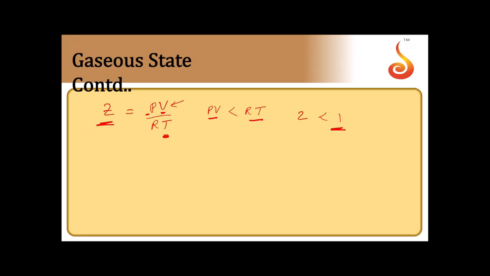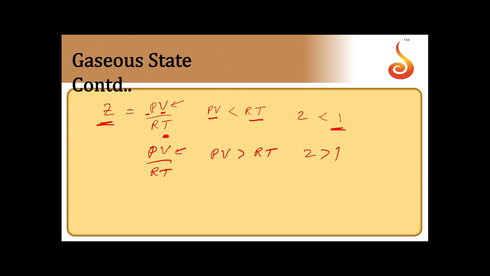Suppose the volume of the gas is more than the expected volume of the gas. When this is more, then the product PV should be more than RT. In such a case, the Z value will be more than 1. When the volume is more than the expected volume, the molecules are slightly moving away from each other.